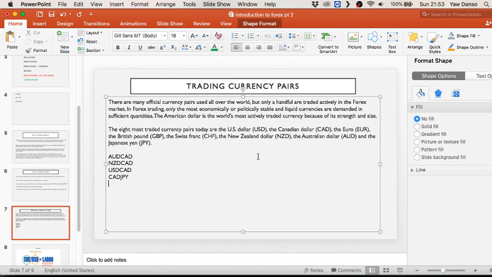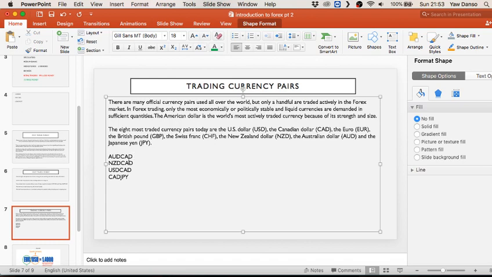Yeah. I told you guys there's 27 of them. Get to know them. Learn them. Just know them. Like this is the Australian dollar against the Canadian dollar. That's all you need to know.